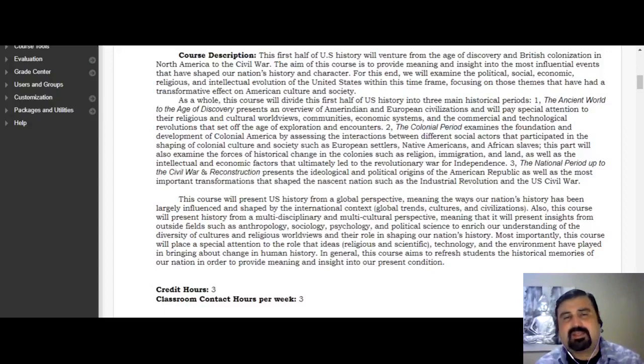So we're going to be doing that, and also in the national period, we're also going to look at the Industrial Revolution. The Industrial Revolution was perhaps one of the most important phenomena and events in U.S. history of the 19th century. It is in the early 1800s that the United States began to industrialize, but only in the North.